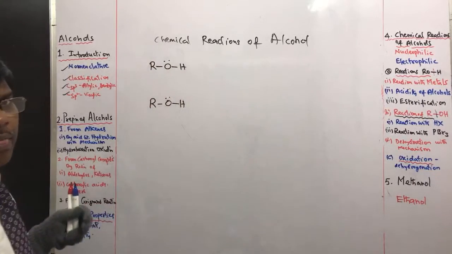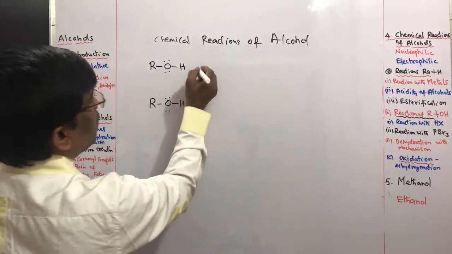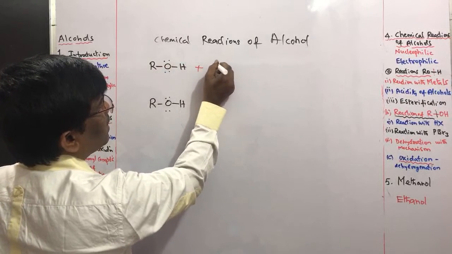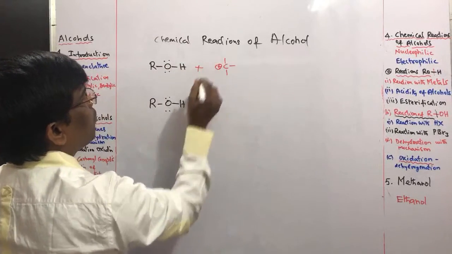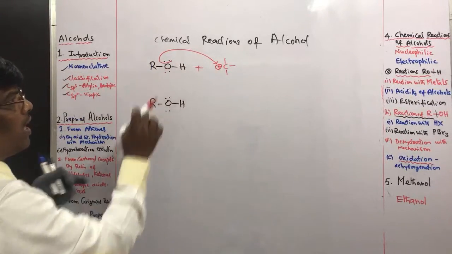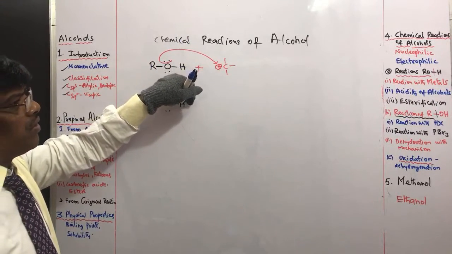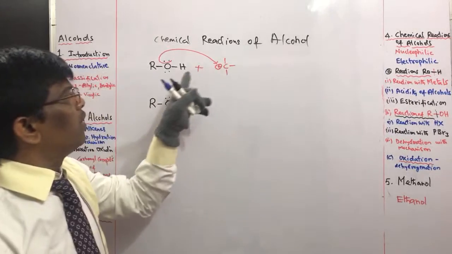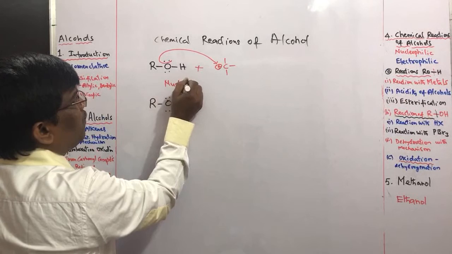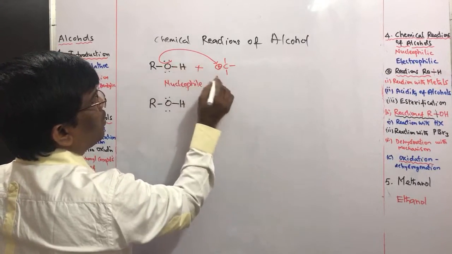Alcohol is going to use its lone pair of electrons, and when it reacts with a carbocation, it is going to act as nucleophile. Because of this lone pair of electrons on oxygen, alcohol acts as a nucleophile and reacts with an electrophile. It is a neutral nucleophile.